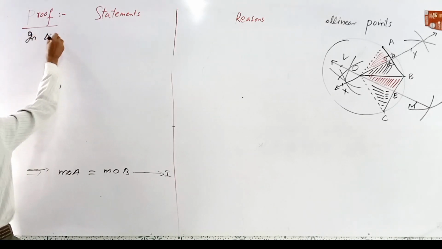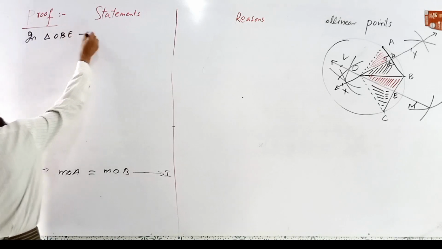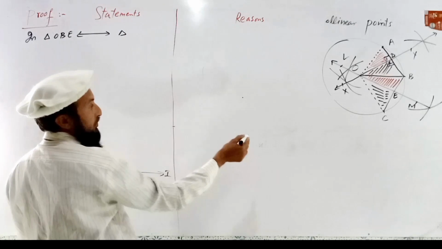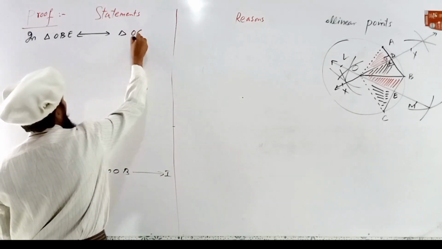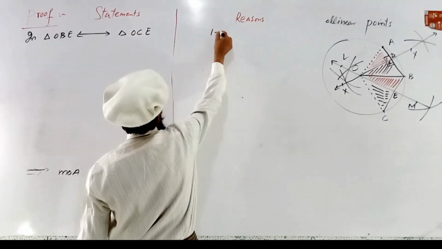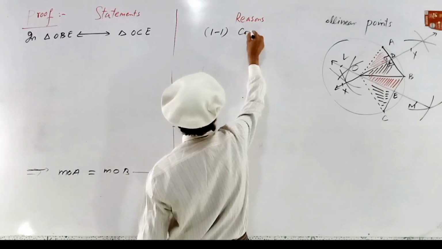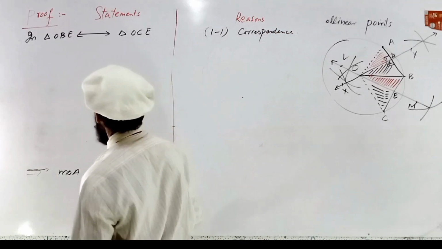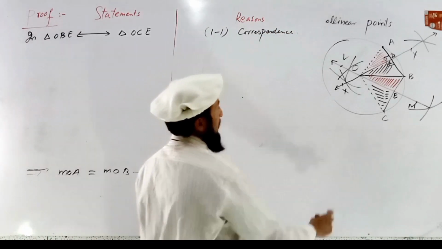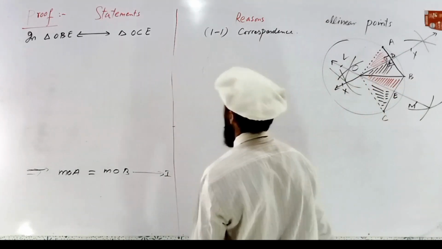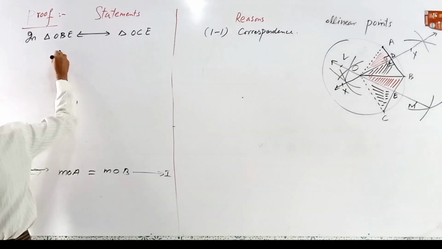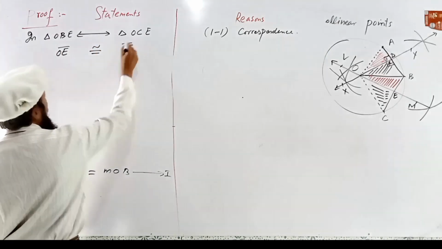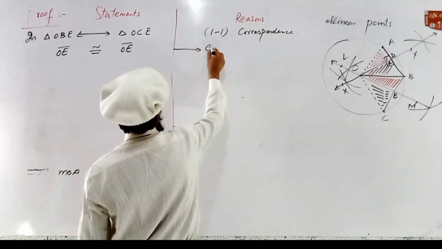Triangle OBE is one to one correspondence with triangle OCE. Here OE, this line OE is the common side. OE is congruent to OE. Common.